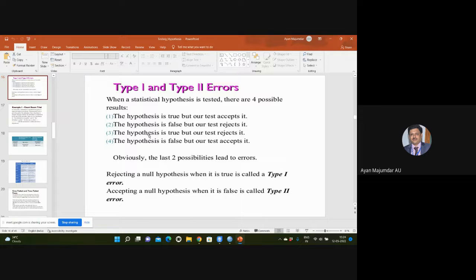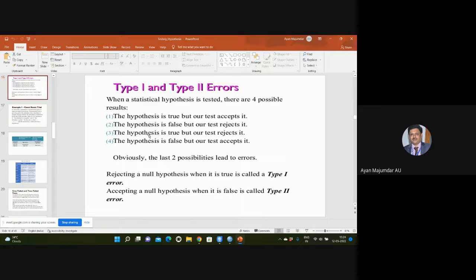Actually false means my hypothesis is average weight of this class is 58 kg, but actually it is not so. Actually it is not 58, but the test results statistically shows us no, it is correct. That is the hypothesized figure 58 kg, it is correct. Then that type of error is known as type 2 error.